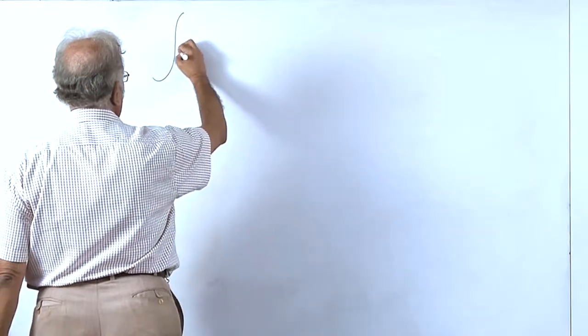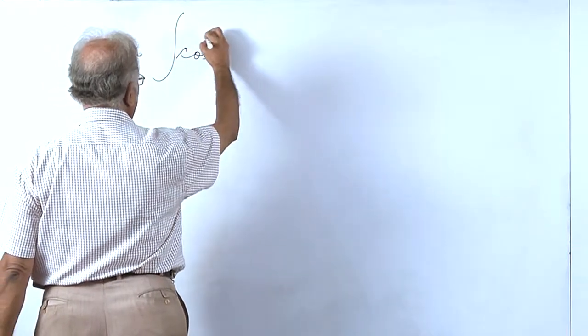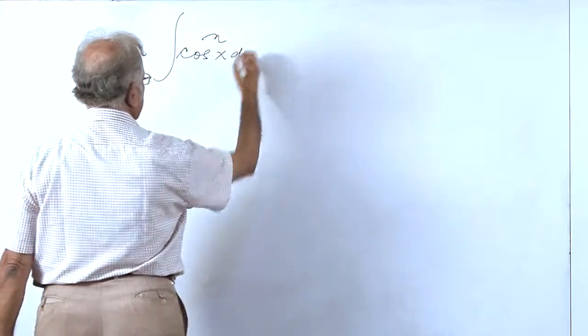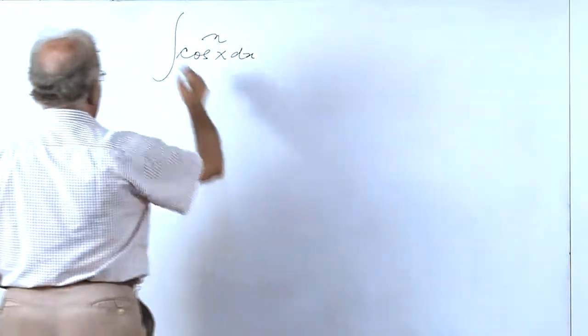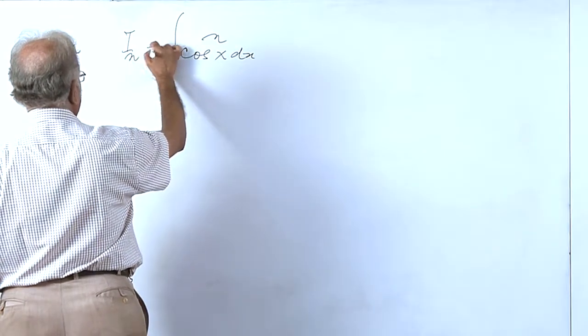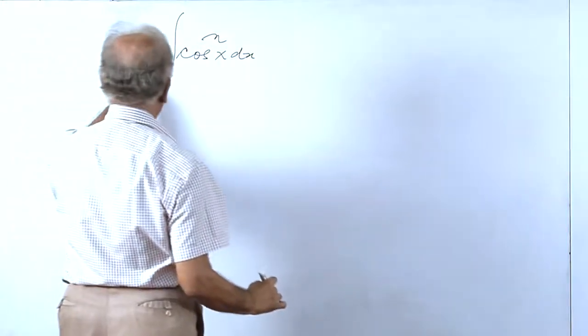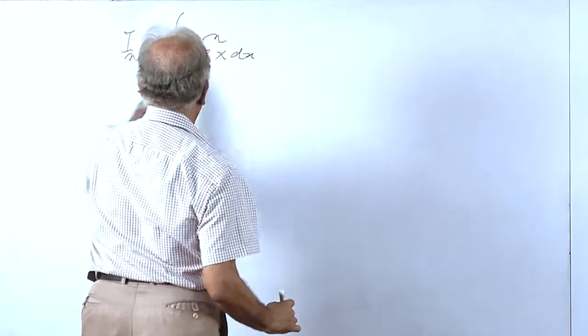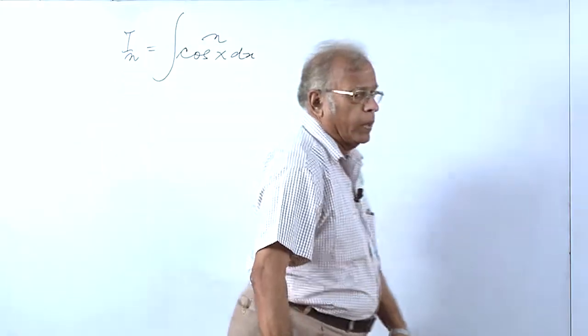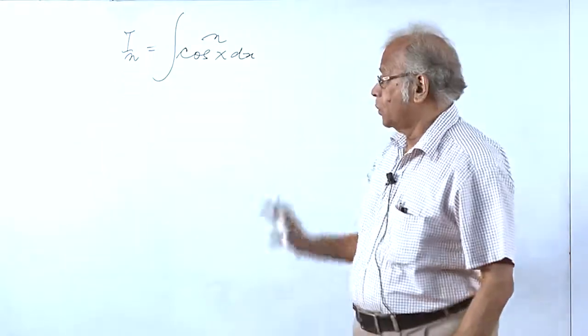Now let us see how we would like to evaluate an integral of the form cos x to the power of n. Again, as usual, we term it as I sub n. This is this n, so if this is 4, this is cos x to the power of 4. Now let us see what we can do.